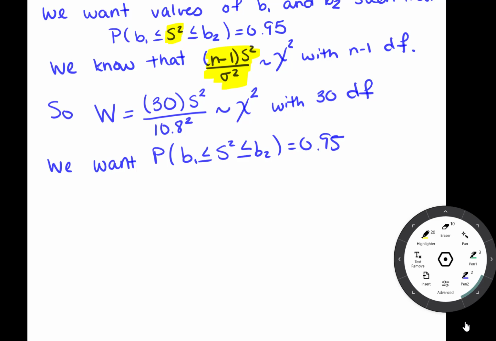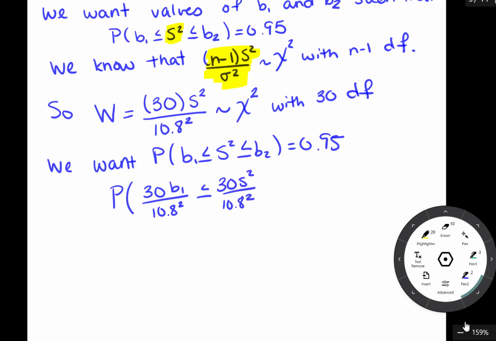So this is going to be equal to the probability that 30 b1 divided by 10.8 squared is less than or equal to 30 s squared divided by 10.8 squared less than or equal to 30 b2 divided by 10.8 squared. So now, and again we're setting that equal to 95%, we now know the distribution of that middle piece.